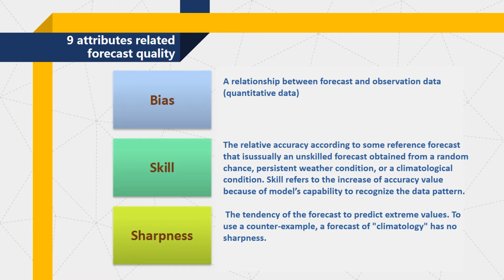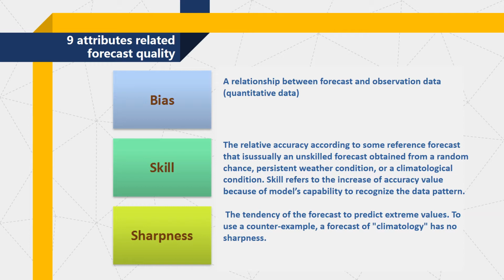Before we build a verification system, we must know that there are nine attributes that contribute to forecast quality. The first is bias. It is about the relationship between forecast and observation data in quantitative terms. Skill is about the relative accuracy according to some reference forecasts.